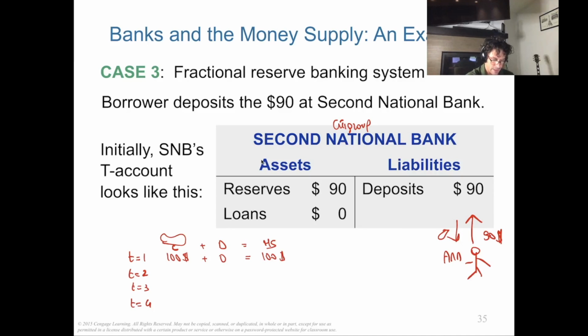Then I went to the bank and deposited these $100, so the money supply was still $100. Then the miracle happened: the bank, Chase, decided to lend these $90 to N. This was me here, and I still have my $100 in deposits, so $190.